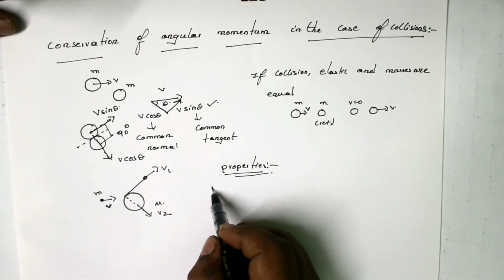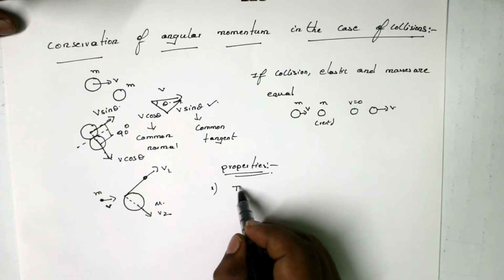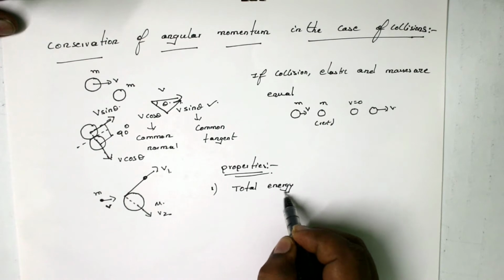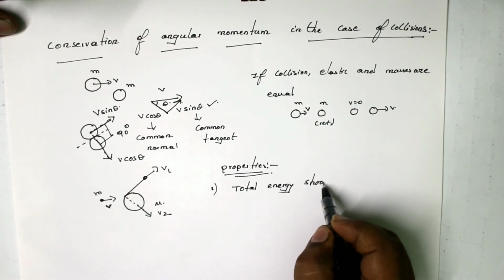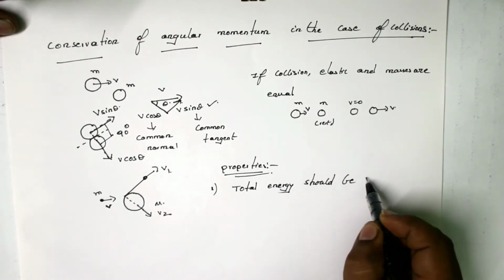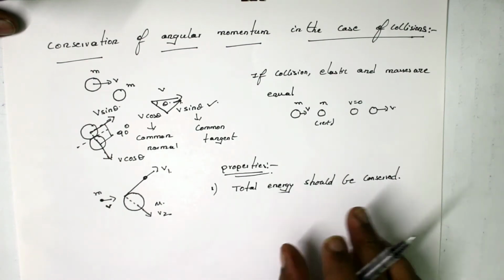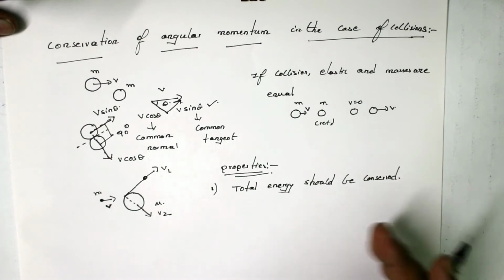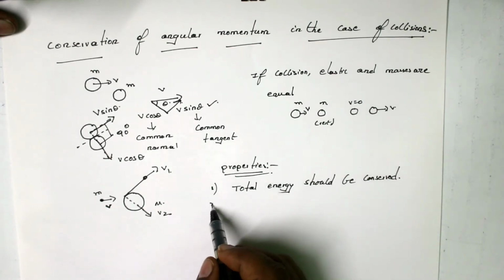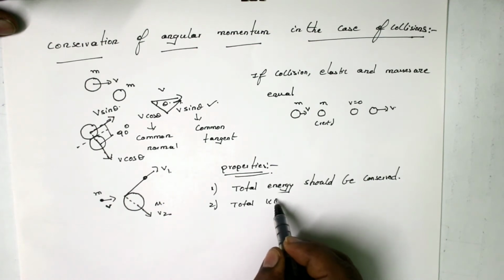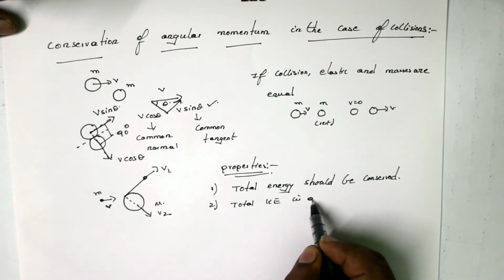So here I can say, because this is an elastic collision, total energy should always be conserved. In the case of elastic collision, total kinetic energy is always conserved and total energy is already conserved. So total kinetic energy is also conserved.